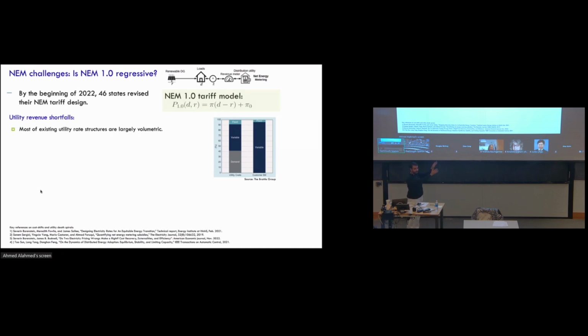But if you look at the customer bill, there are basically two costs: you only pay a variable charge that depends on your net consumption, and a small fixed fee. Under net metering, you usually manage to reduce your net consumption by 50%, because now you have solar generation. The issue is that the cost to serve you does not proportionally decrease. So there are utility revenue shortfalls, and they are huge.